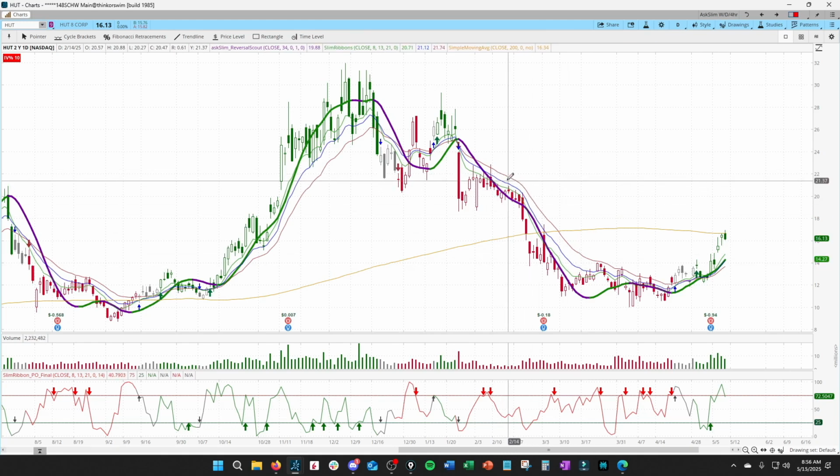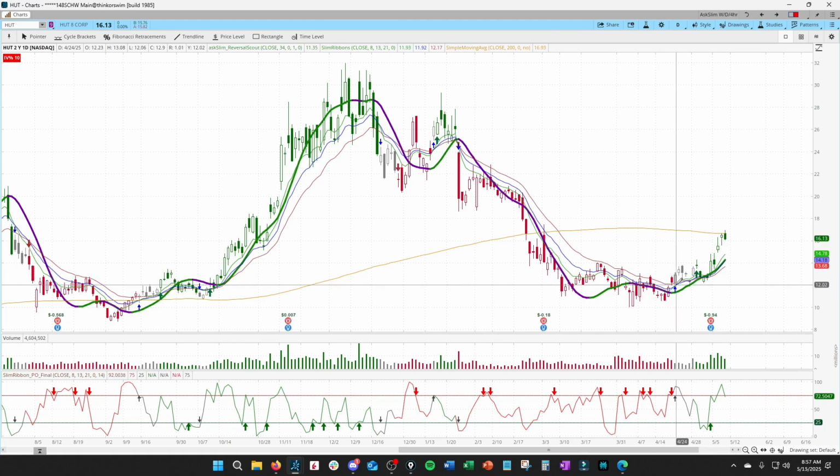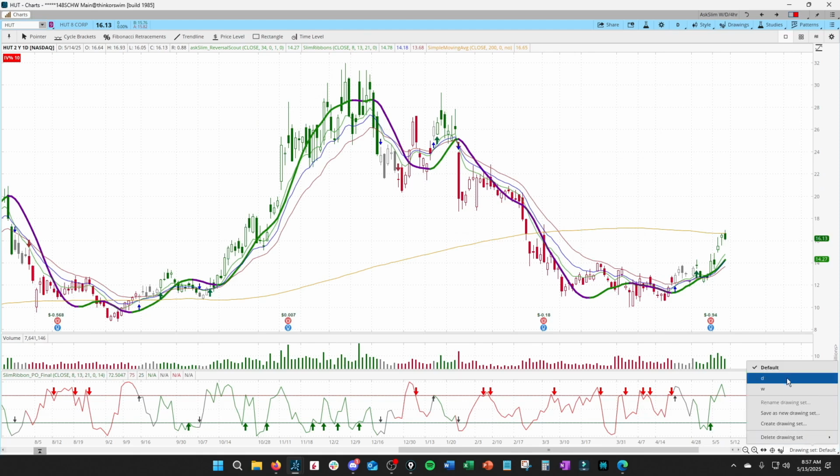But look, if you just had a trailer at the 21 until right here, 1214 would have been your first daily close over the 21. This was close, but right around the same area, right? 1214, incredible. Just using that 21 EMA as your trailer, it can be very powerful.